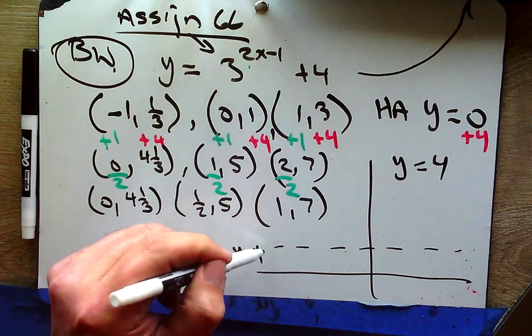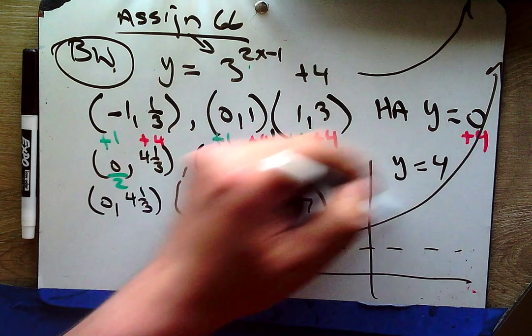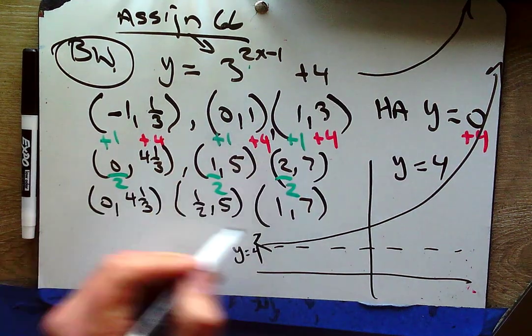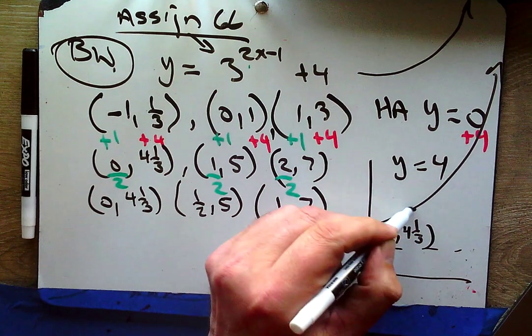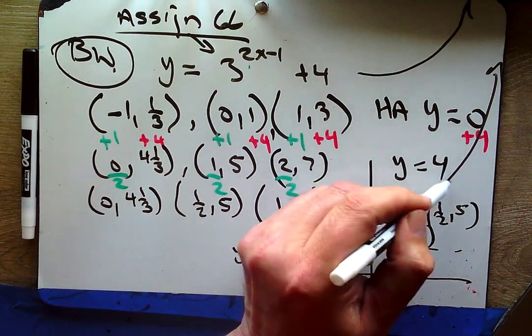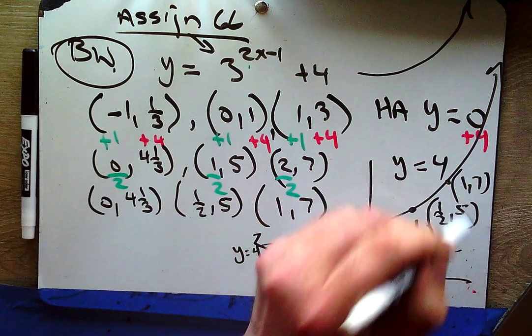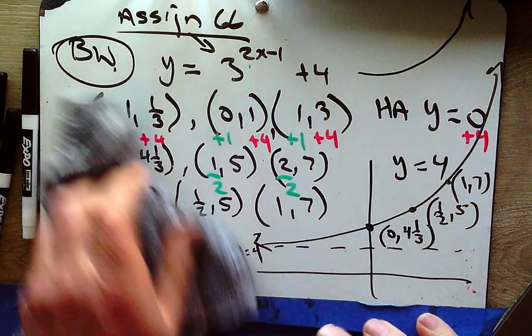And then 3 points for our exponential growth function. I find it easier to draw the curve and then label the points on the curve, having drawn a nice smooth curve. And 1, 7. Ta-da! There's our graph.